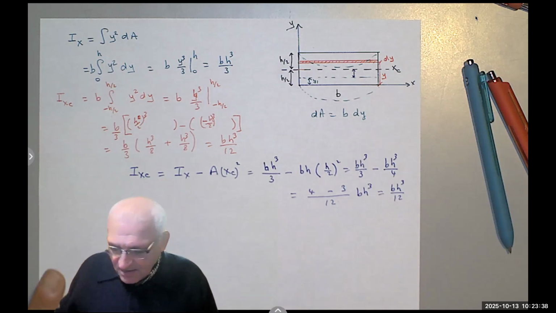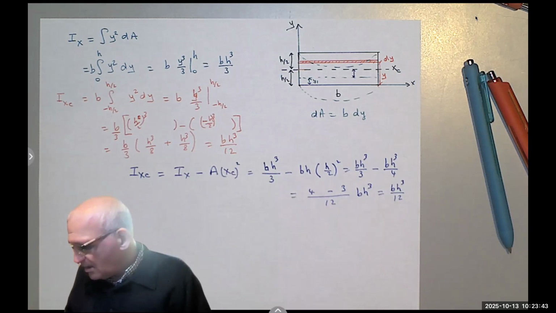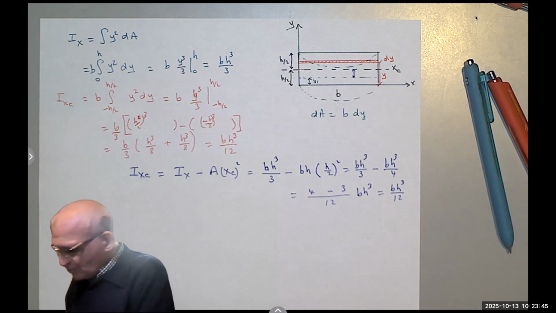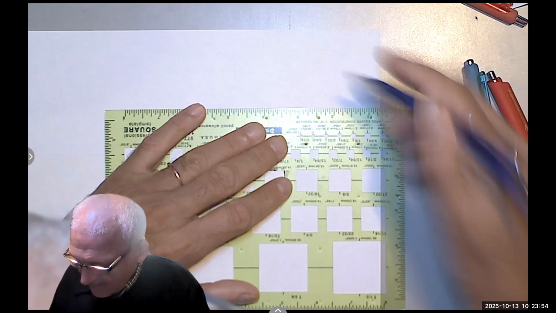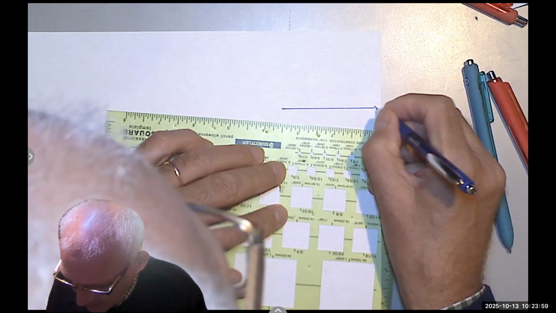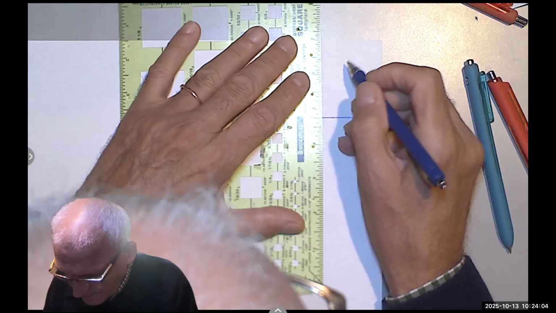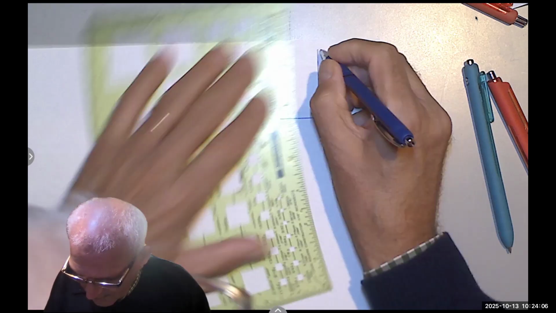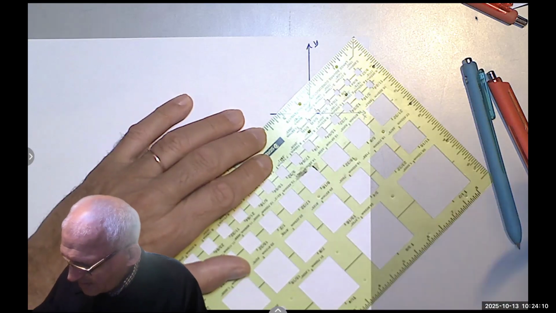Okay, so this law is very important, and I introduced it here because the next one I'm going to do is the moment of inertia of a triangle. So let's say I have my x and y, and let's say I have some triangle.